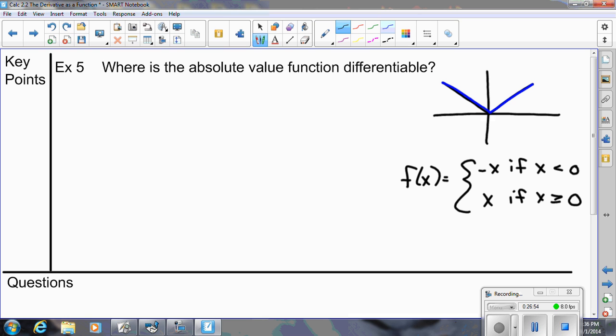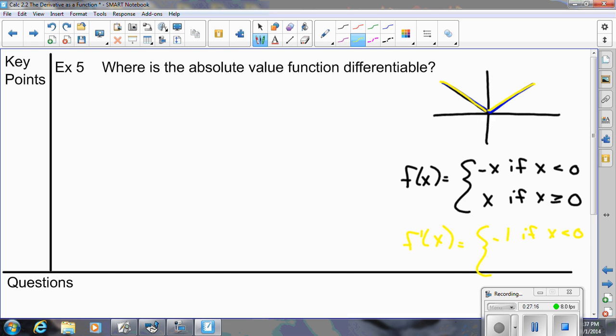Well, if we're looking only on the left-hand side, what's the slope? We can visually see that slope is -1. And if we now connect over to the right-hand side, what's the slope?